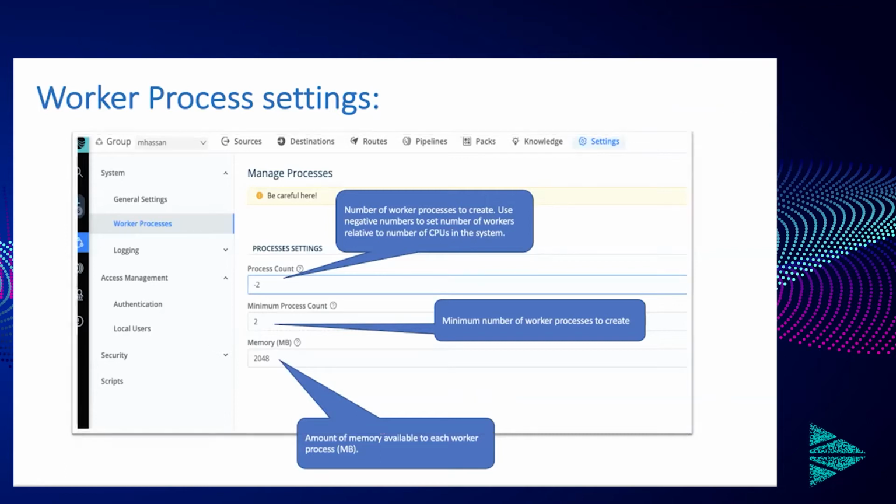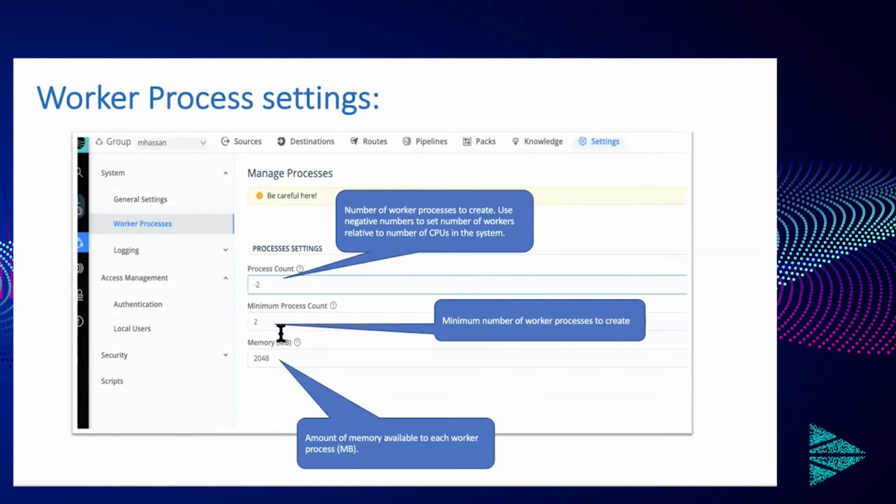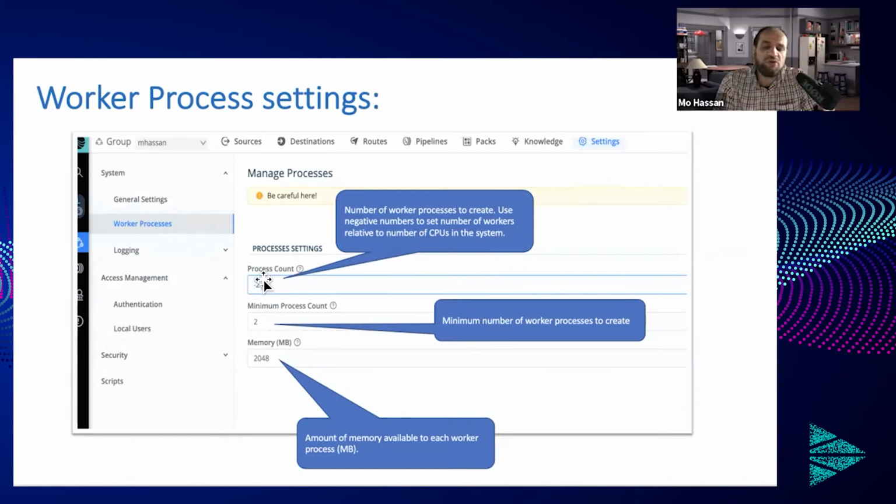Hey Mo, can you talk a little bit more about this relative to CPUs with the negative value? Like, what does that really mean? Yeah, I think this means I'm going to reserve 2 CPUs for the OS and let you use the rest. So if you have 10 CPUs, I'm taking 2 for the OS, and LogStream, you can use 8 of them.